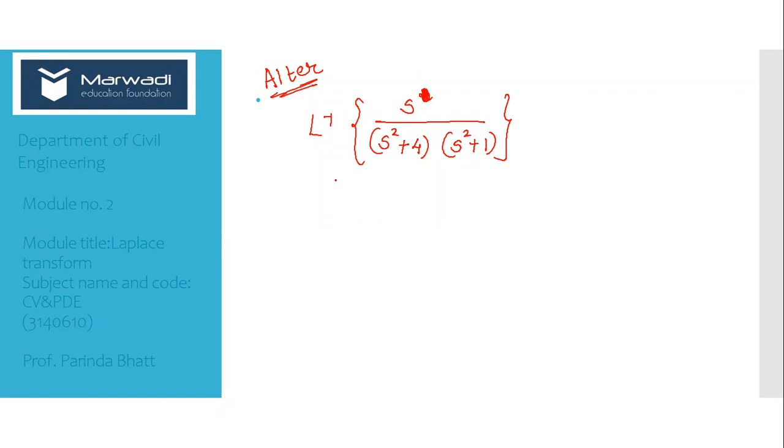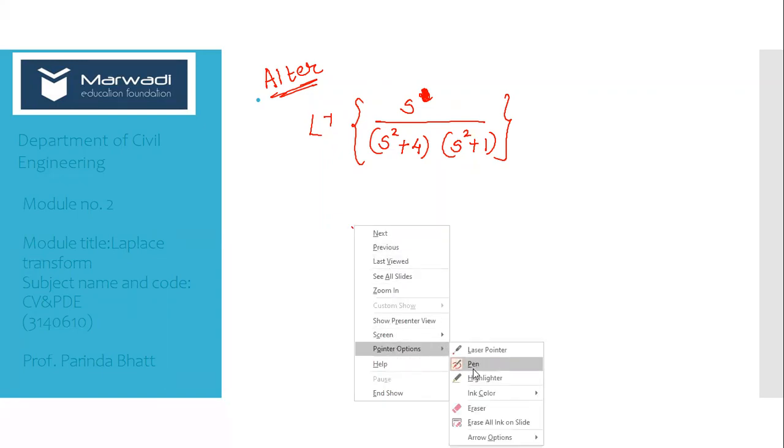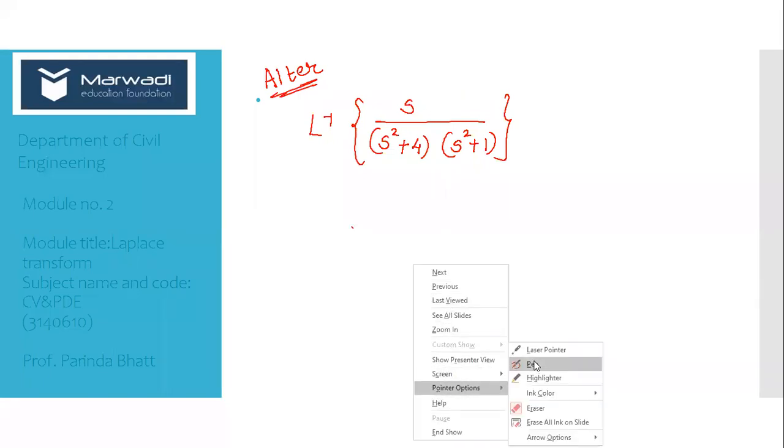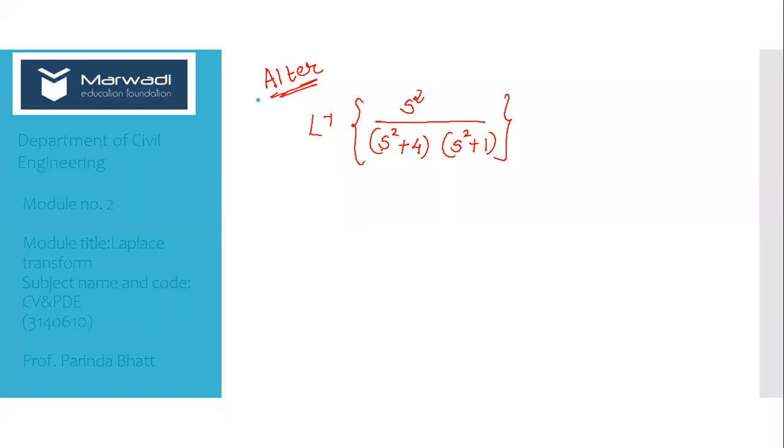But if s square is there, then we have to apply the partial fraction method only, right? Because if you add this, that's why you are getting s square plus some number, and these we are not multiplying with, that is the whole thing.